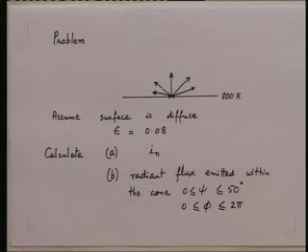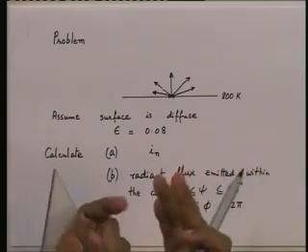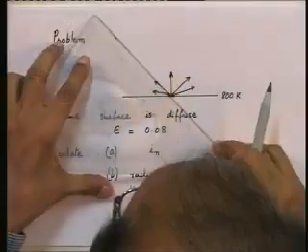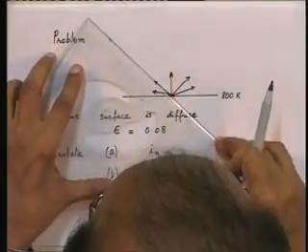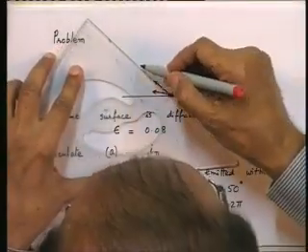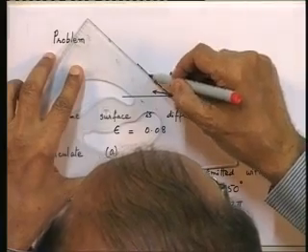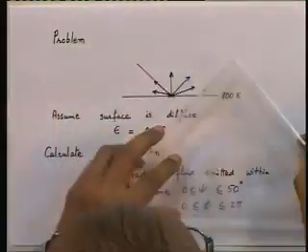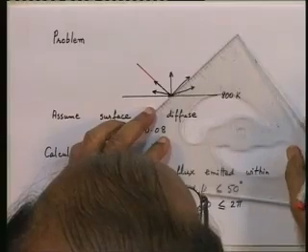We would like to know how much radiant flux is being emitted within the cone, which has a semi angle of 50 degrees. Let me draw that. Let us say this is 50 degrees here. This is the 50 degree cone.